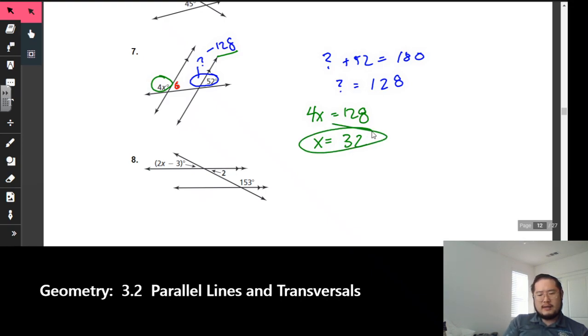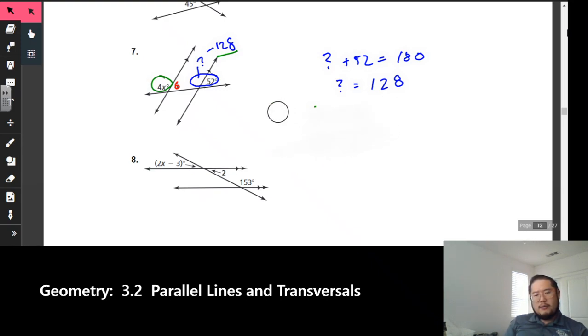Voila. All right, so use all the different skills and theorems that we have figured out to help you answer these problems. Number 8. This happens to be a good one. Once again, there are multiple ways to solve this. But right here, this angle and the one pointed at it, this 2x minus 3, those are vertical angles.